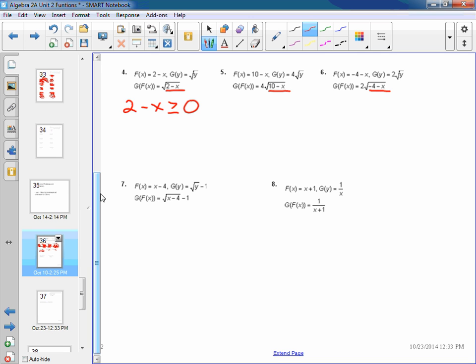But when you go ahead and try to solve this and you subtract your 2, you get negative x is greater than or equal to negative 2. So when you divide by that negative 1, what happens is you have to change the direction of the inequality. So x can be any value less than or equal to 2.